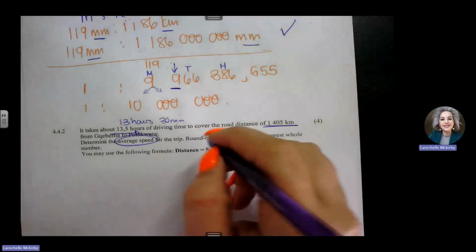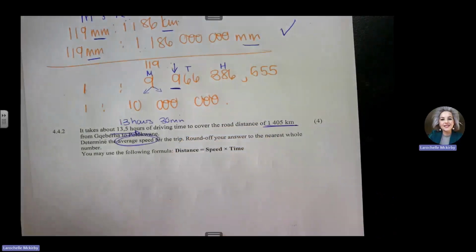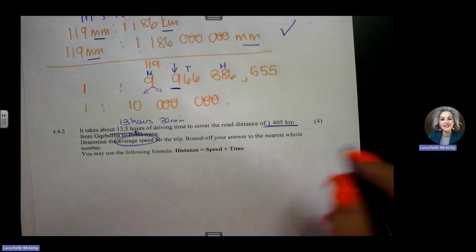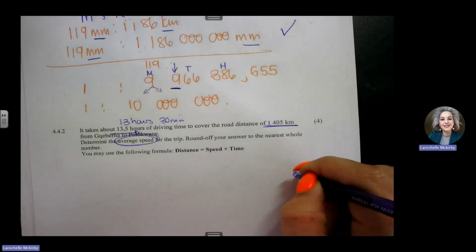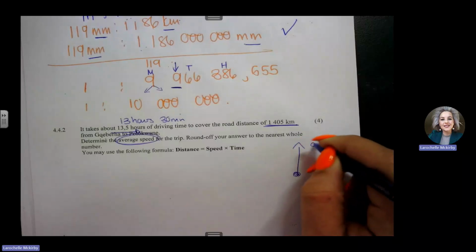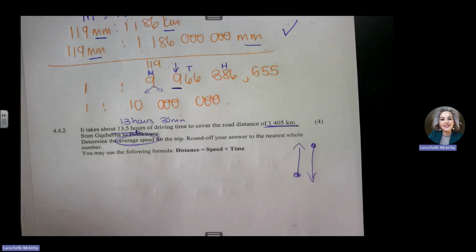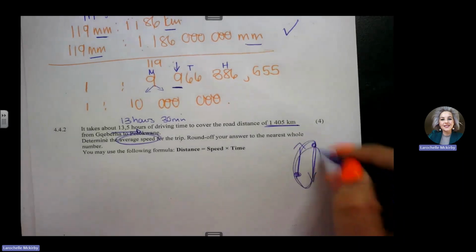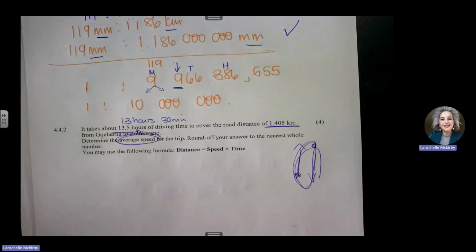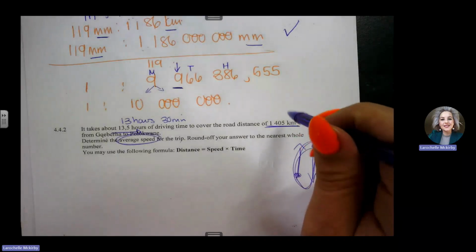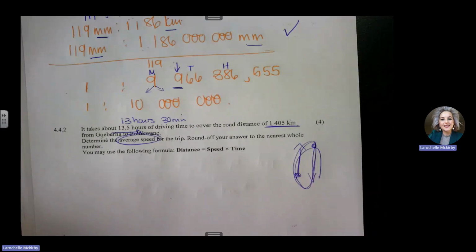Because you know what I was focusing on? A round trip, meaning that we are going from Gqeberha to Polokwane and again from Polokwane to Gqeberha. So just read carefully, is it a round trip or is it just a one-way trip? But in this case, it is a one-way trip.